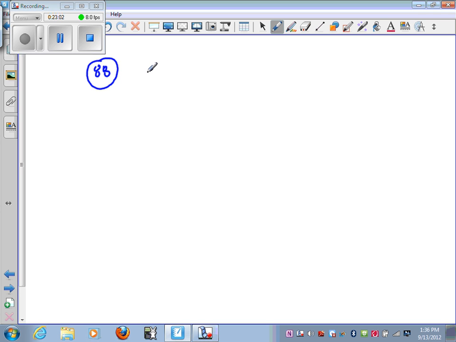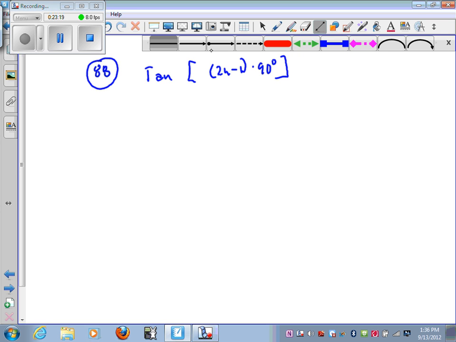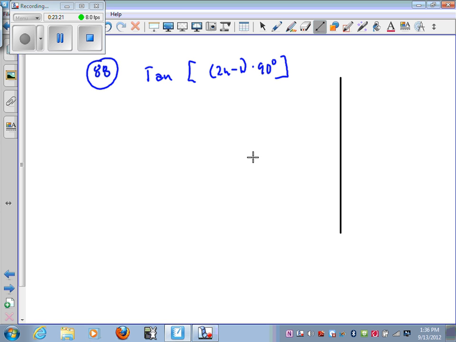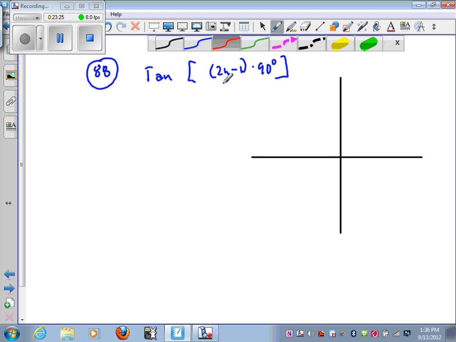And 88 says tangent of 2n minus 1 times 90. So let's just look at this thing and see where we would be at. 2n minus 1 is an odd number times 90.